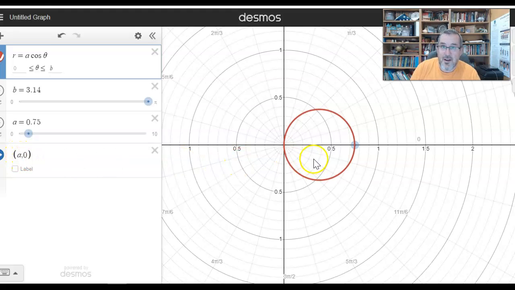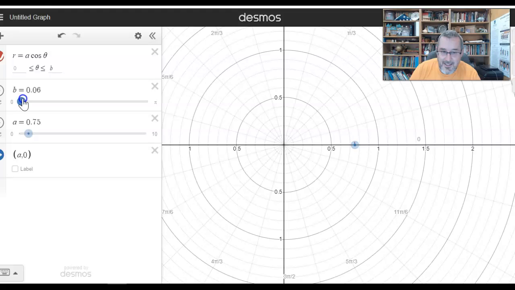Now, according to the setup of the problem that you saw in Canvas, a should be the center of this circle, not the one end over here at (a, 0) on the end of the circle. So I need to make some fixes. Also, just so you know, I've parameterized this Desmos in a sense so that it will build the circle, because I wanted you to see that it is going counterclockwise, which is a requirement for Green's theorem.